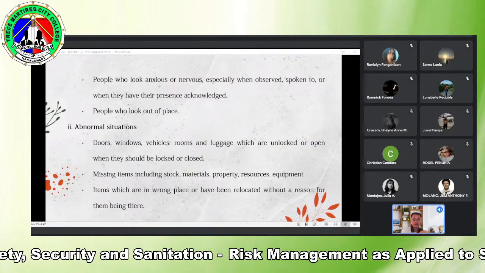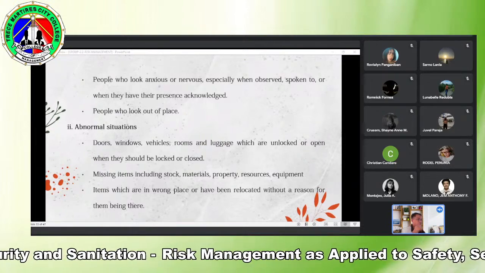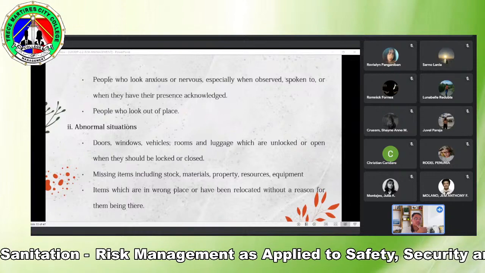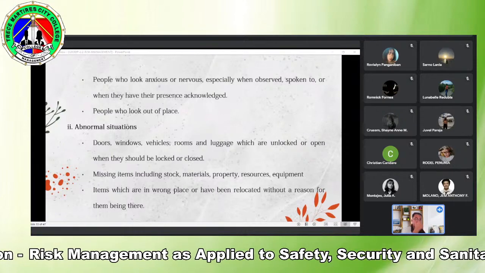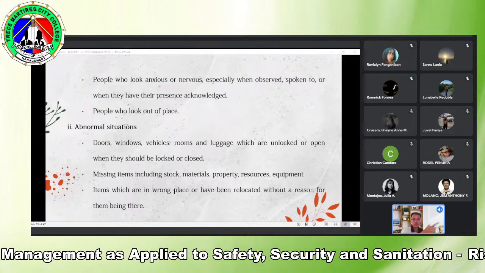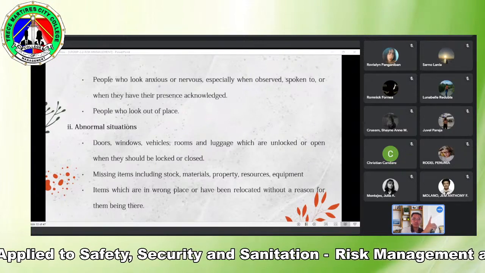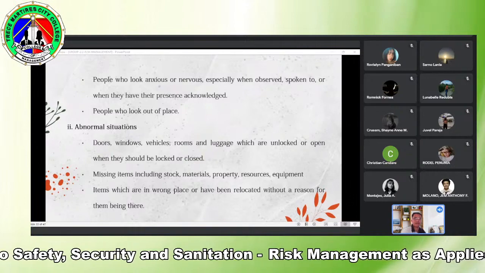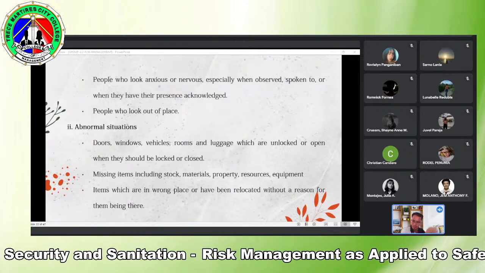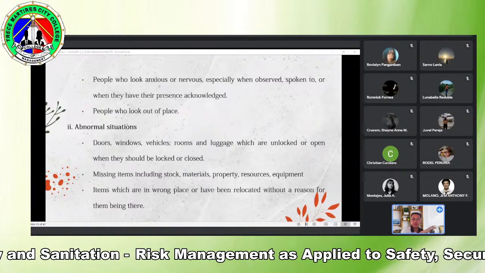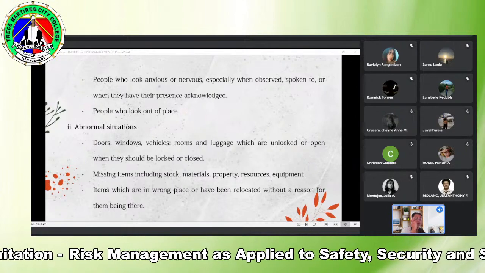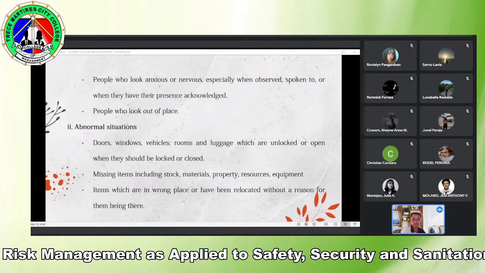They are behaving or doing something weird na hindi naman ginagawa. For example, sino ba yung tao na 5 beses magpapabalik-balik sa harap ng bahay mo, di ba? So there must be something going on.